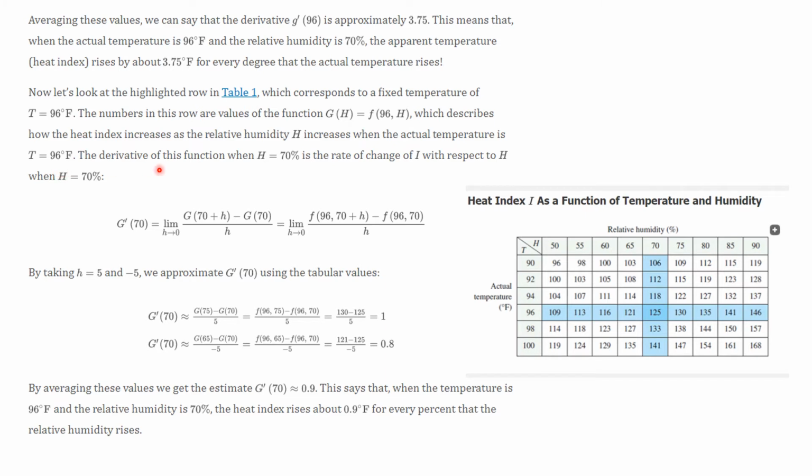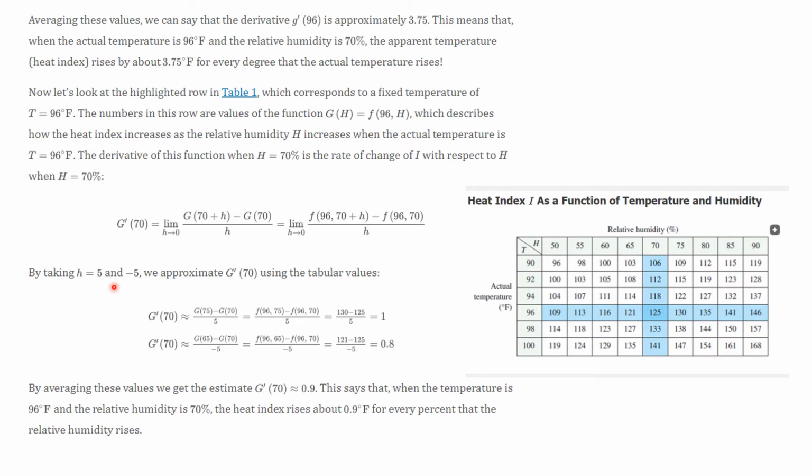The derivative of this function is the rate of change with respect to H when H is equal to 70. And so G prime of 70 is equal to the limit as H goes to 0 of capital G of 70 plus H minus G of 70 all over H, and then I change that to my function F, and see I'm changing the second variable, not the first.